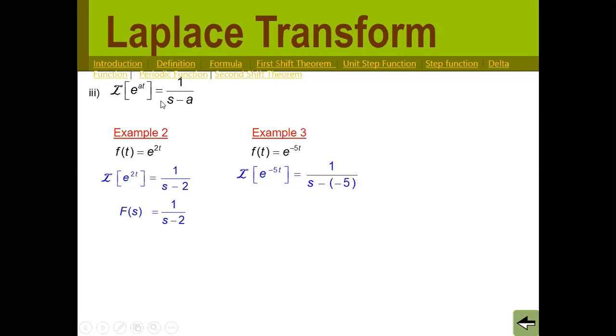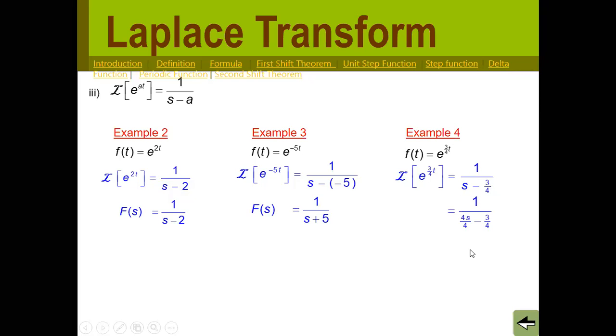So 1 over s minus (-5), so 1 over s plus 5. Laplace of e^(3/4 t), you get 1 over s minus 3/4. Just simplify.